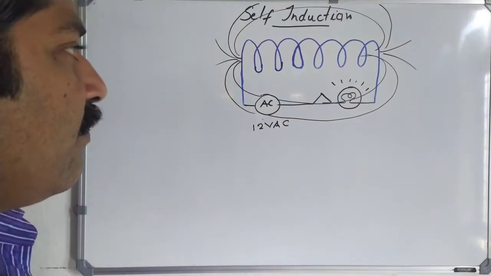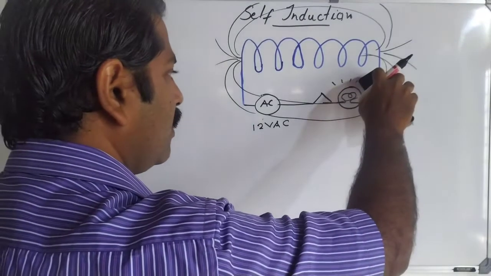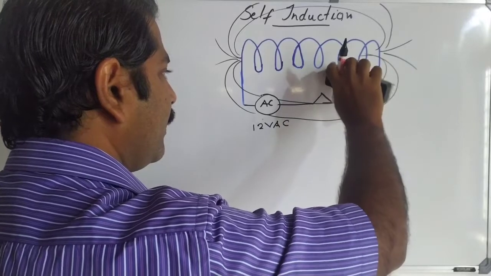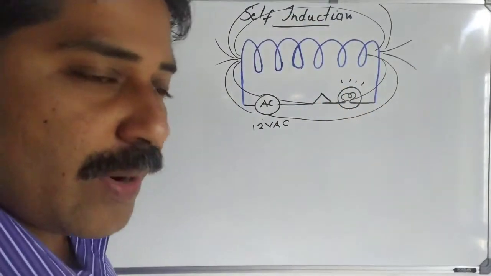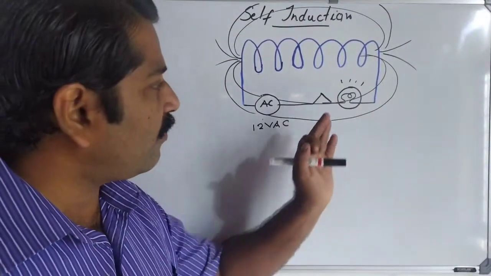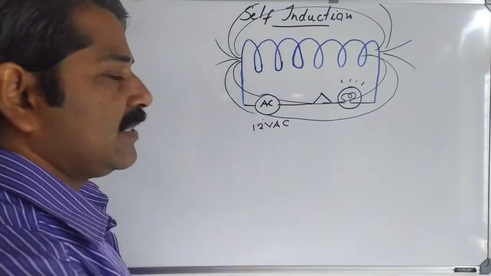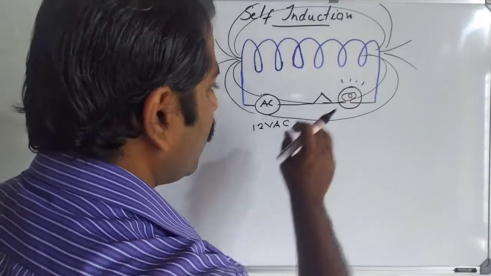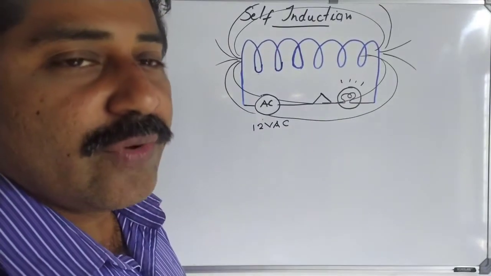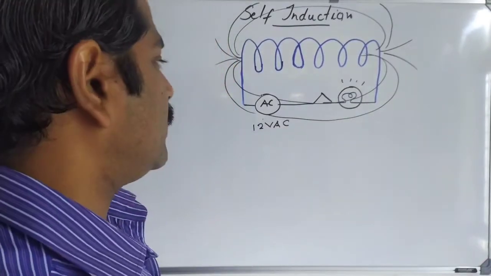And again, when we switch on, what will happen? When you observe the bulb, the intensity of light coming from the bulb is decreased.